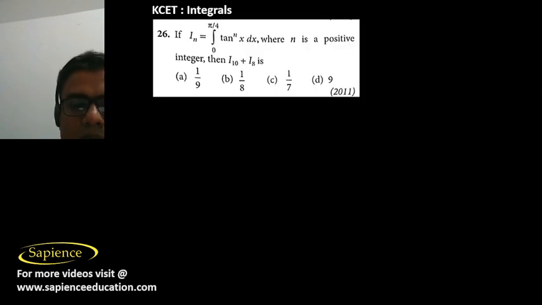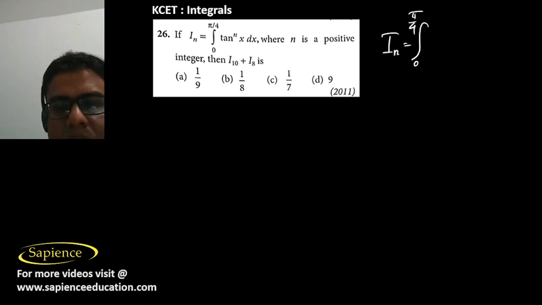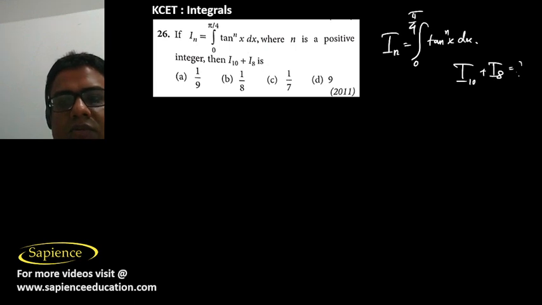Then in question number 26, it is told if In is integral 0 to pi by 4 tan power n x dx, where n is a positive integer, then I10 plus I8 is how much? N is a positive integer.